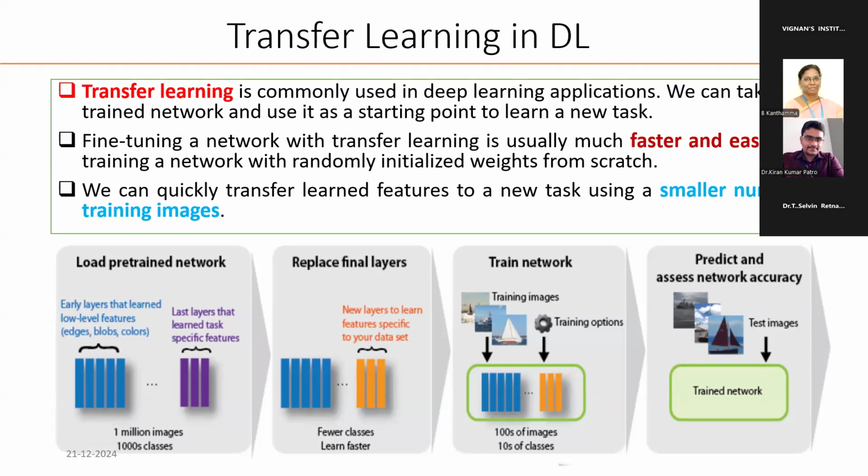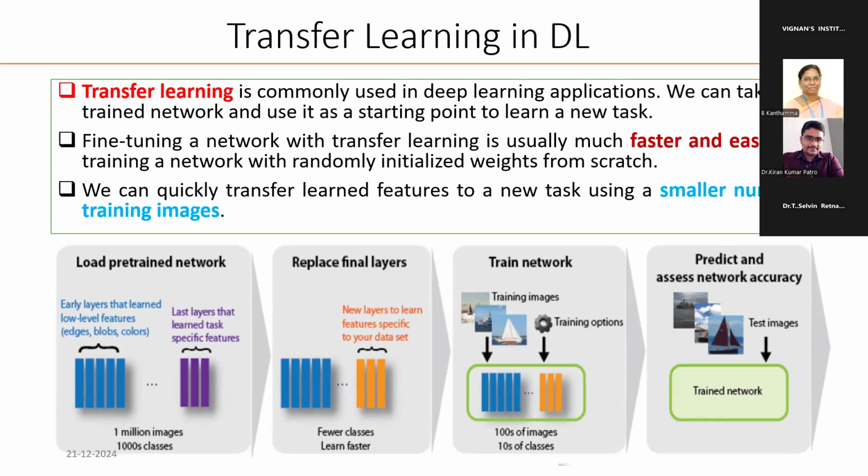Suppose we have different layers, and each layer is connected with other layers with weights and biases. If you initialize weights from scratch, it is very difficult to train your network.